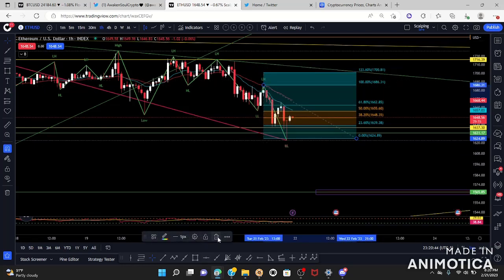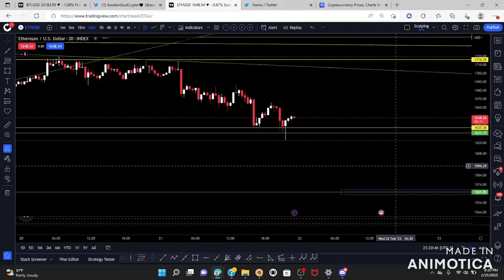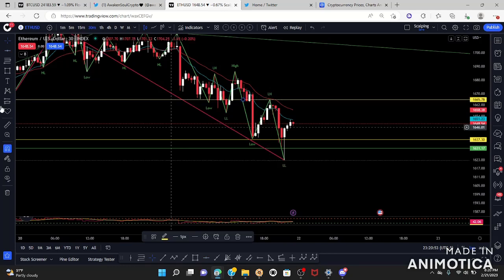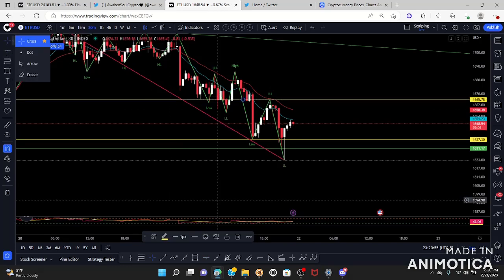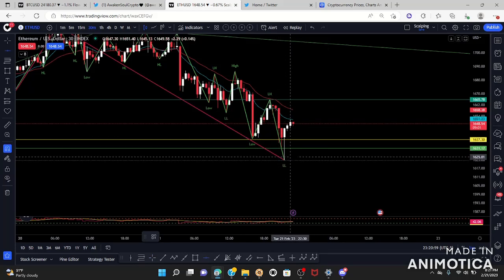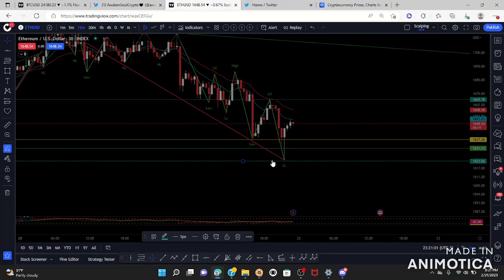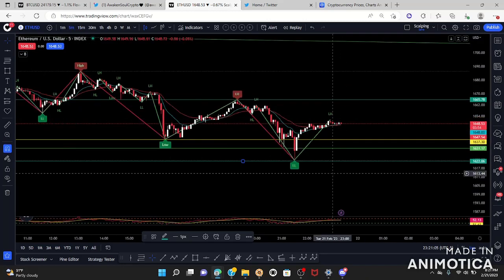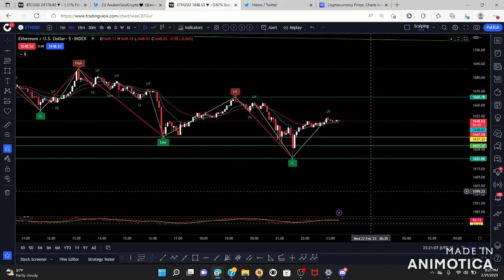I don't like to scalp against the trend, but if I am going to scalp, I'm definitely looking at the 30-minute, setting a range, like this would be my range here. Probably go into the 15 minutes. I like to play the lower highs, the lower lows.